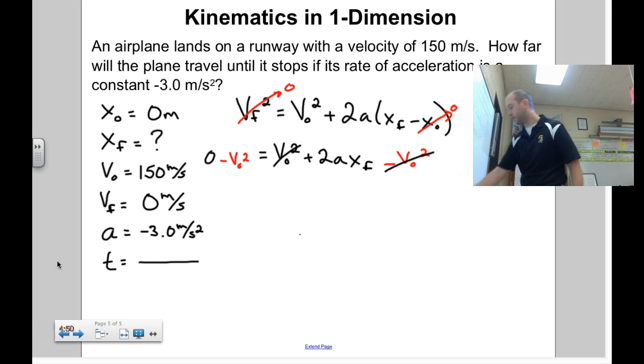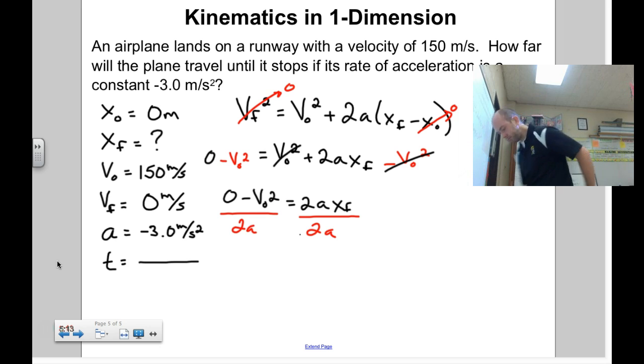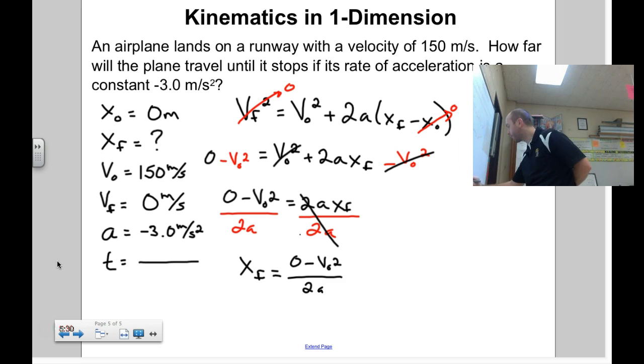Next, 0 minus v naught squared equals 2a xf. Now, to get xf by itself, I'll divide both sides by 2a. Notice the 2a's cancel, and here's my final equation: xf equals 0 minus v naught squared over 2a.